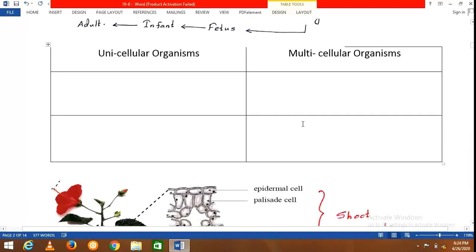In multicellular organisms, organs are developed to perform different functions. If we take the plant body, the leaves, flowers, fruits, these are the organs of a plant. If we take the animal body, heart, liver, kidney, lungs, these are considered to be the organs.